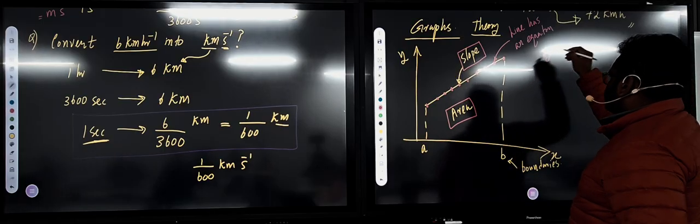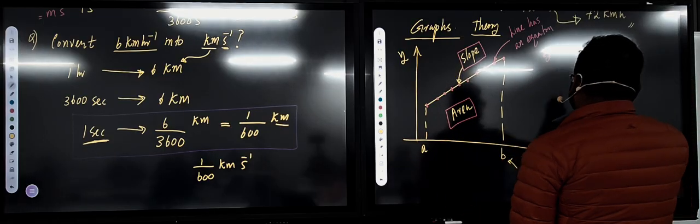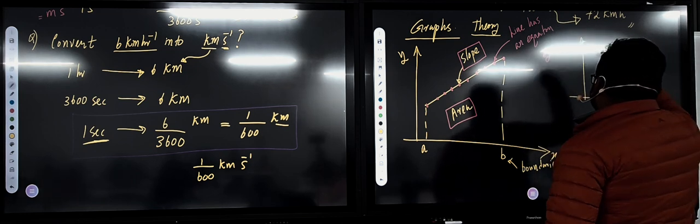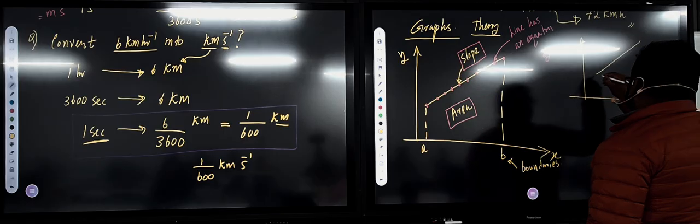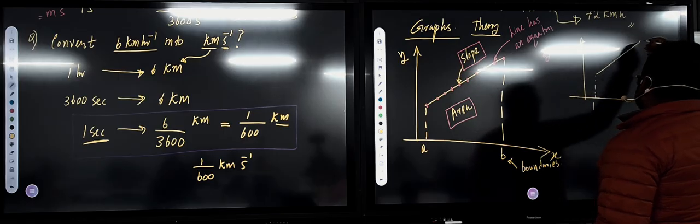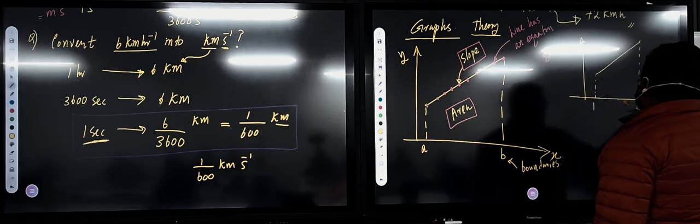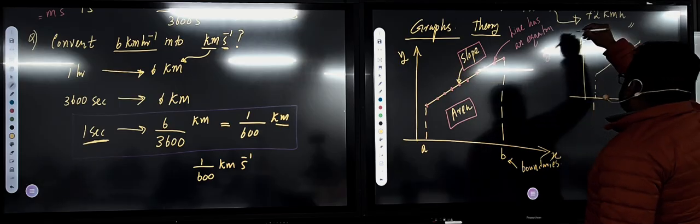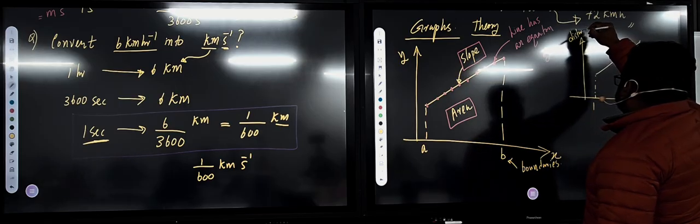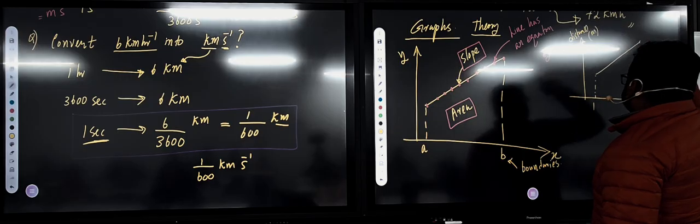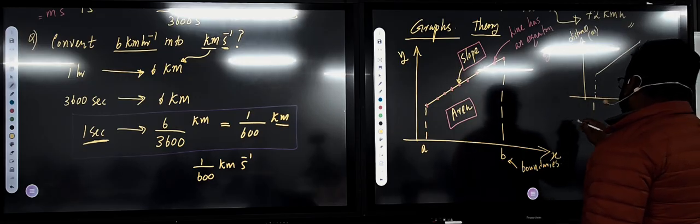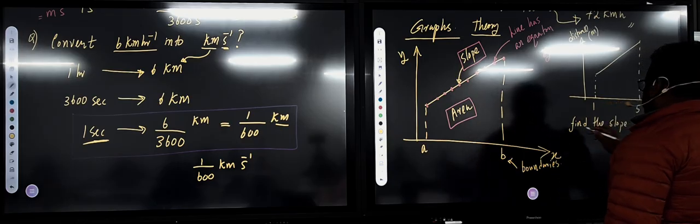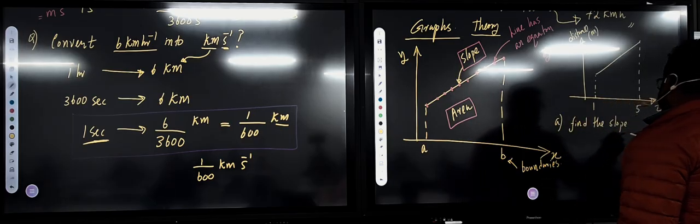Example. I'm going to give you this. 1, 5, this is t, time in seconds. This is distance in meters. So what you have to do is find the slope. Slope is called gradient, right?